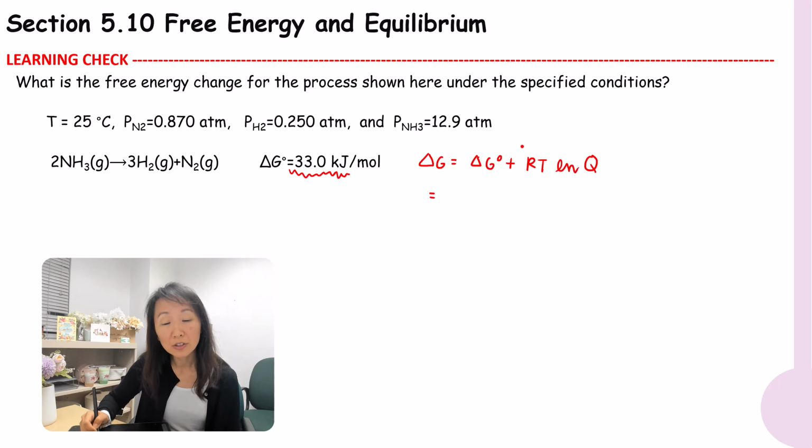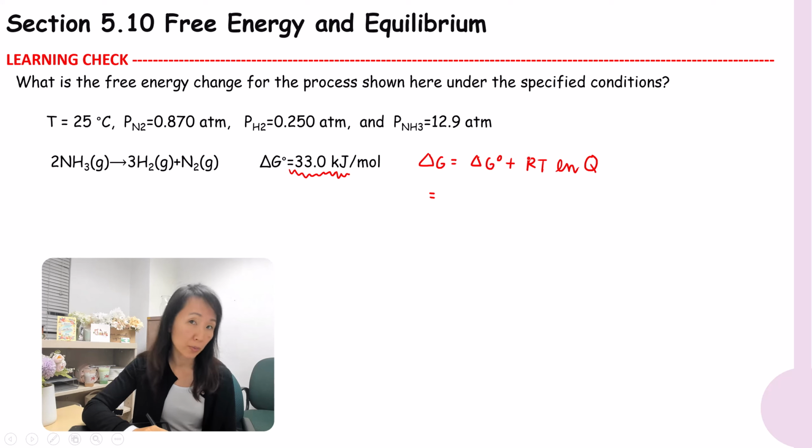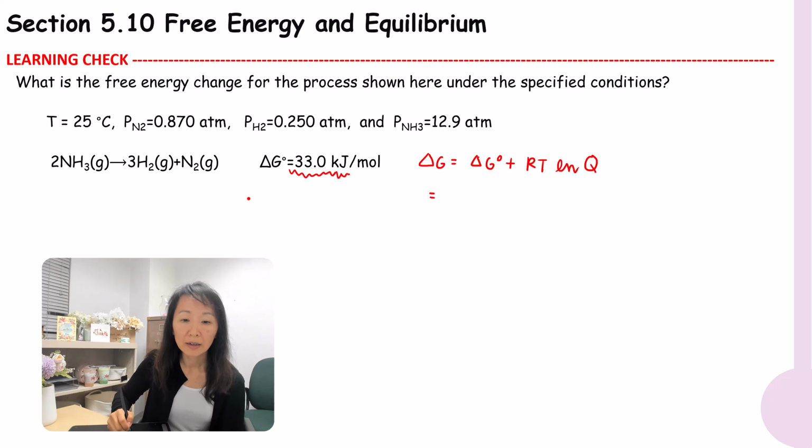Eventually you're going to need to convert this into joules, or the other side needs to be in kilojoules. That's because the R, gas constant, is in joules per mole per Kelvin. So to make things easier, I'm going to put this into joules. So how do I do that? It's 33.0 kilojoules per mole.